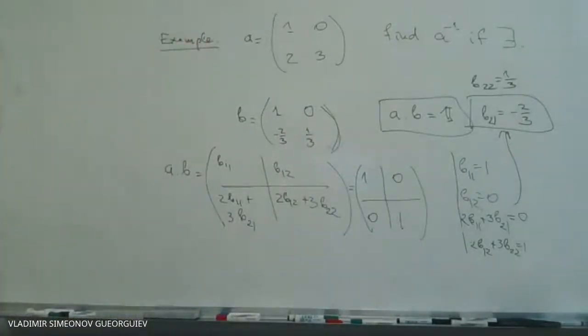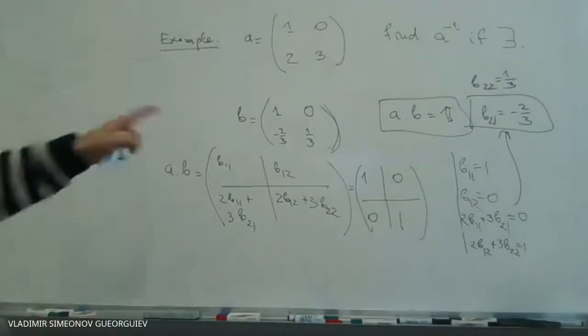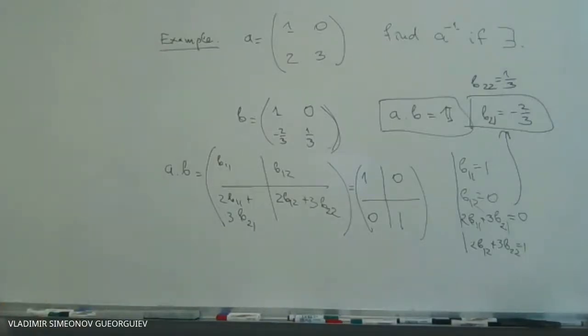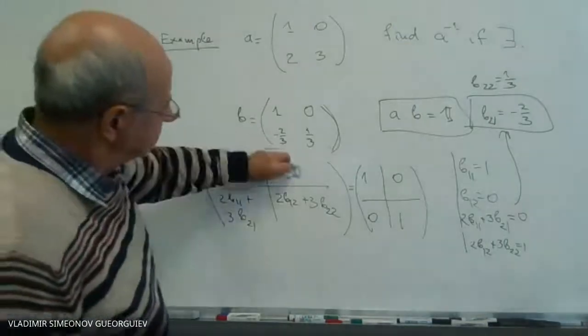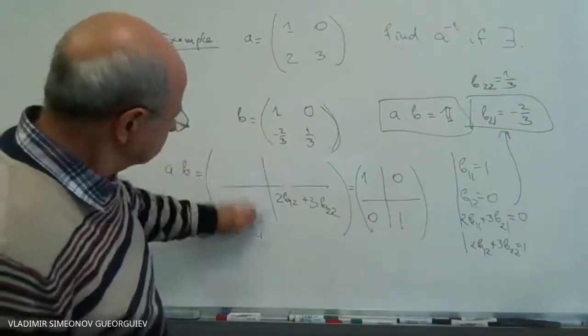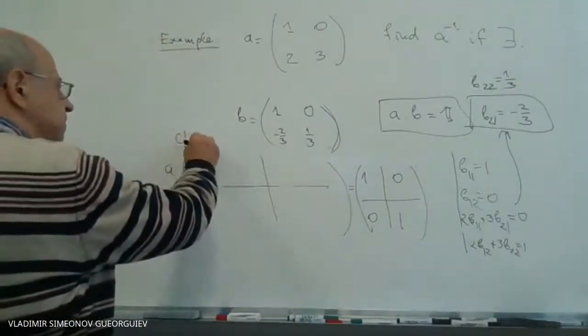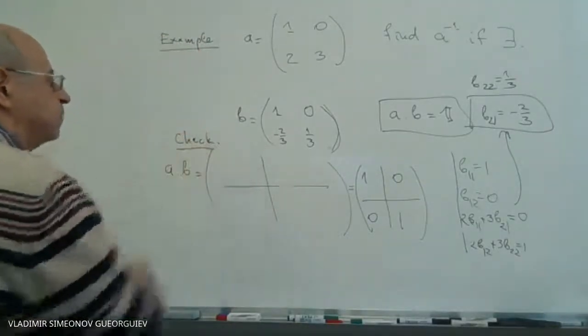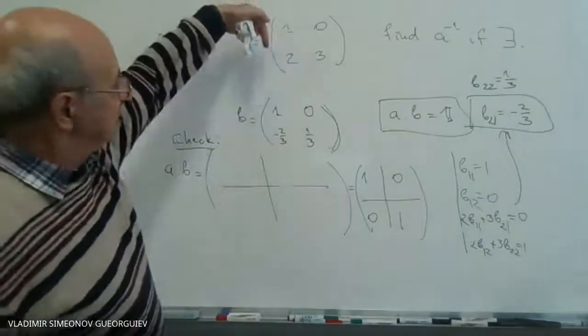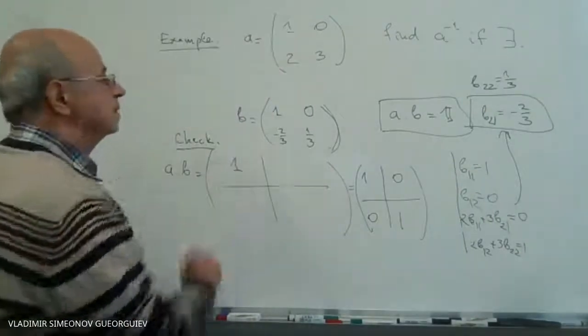As always, when we make such calculations, it is important to check that the product A times B is exactly what we expected, 1, 0, 0, 1. Let us compute. We make the check here. This by this gives 1.